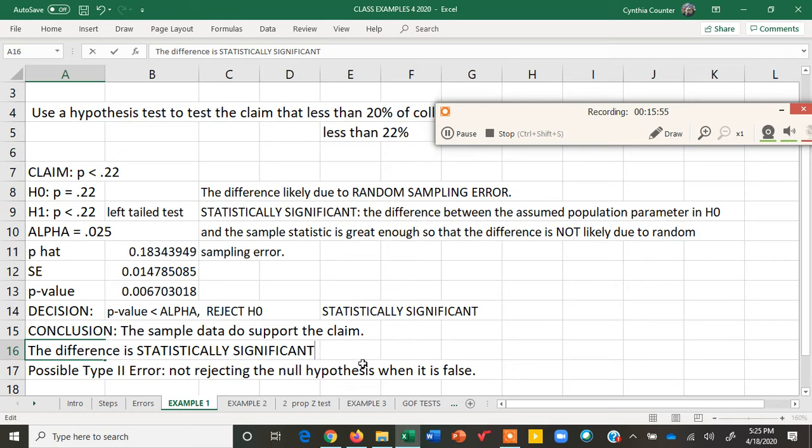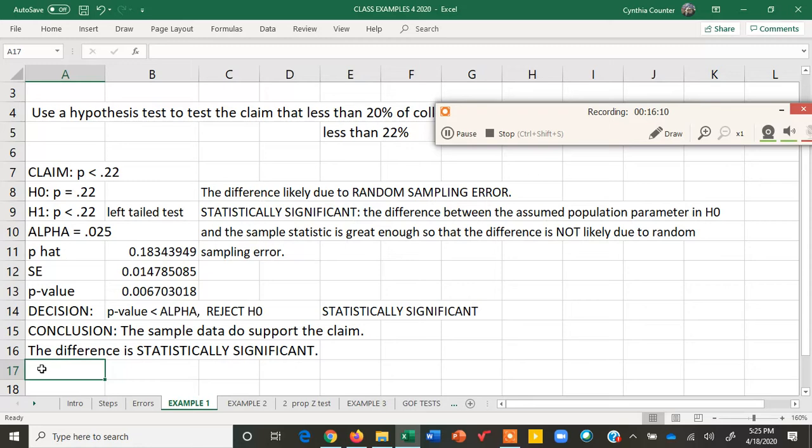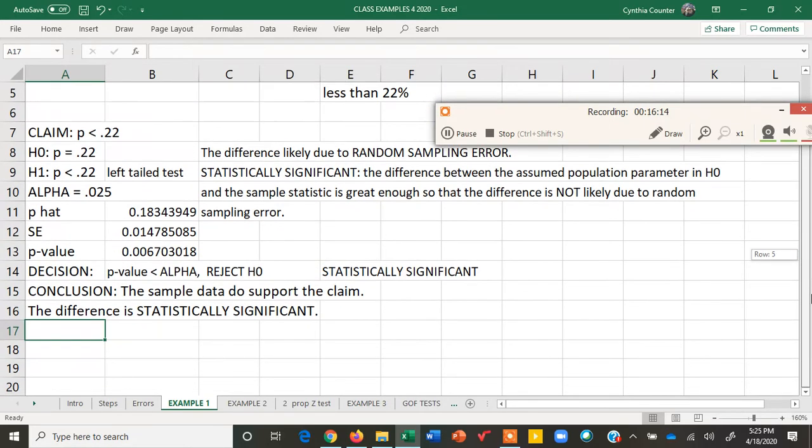All right, so this time the difference between these two is statistically significant, not likely due to random sampling error. So we're going to have a different possible type of error for this one. But let's look at a picture for this. What does this one look like?